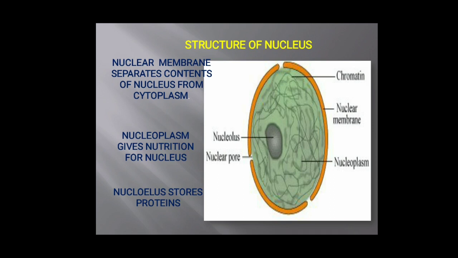This nucleolus is important in storing the proteins inside the nucleus. And chromatin means nothing but genetic material. And here you can see the nuclear pore. This nuclear pore helps in transferring different materials from the cytoplasm of the cell into the nucleus.